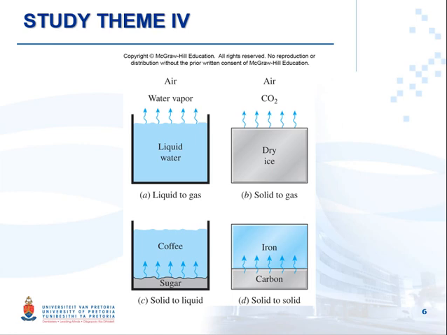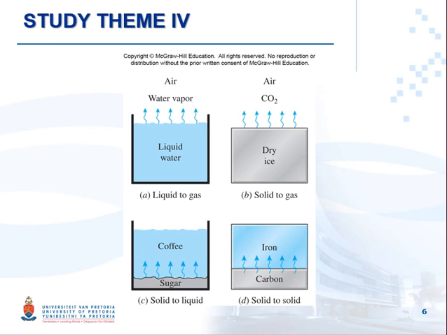In the previous slide we talked about gases, where we had two species that were gases, but mass transfer can also occur in liquids and solids, and we show some examples in this slide. For example, a cup of water left in a room eventually evaporates as a result of the water molecules diffusing into the air. So that is liquid to gas mass transfer.